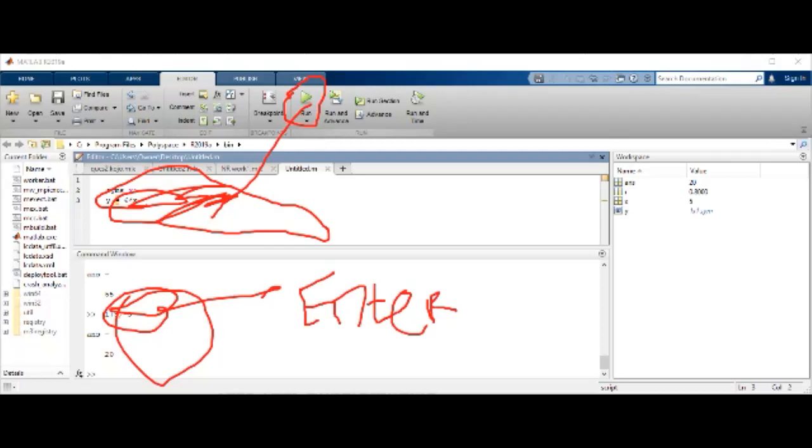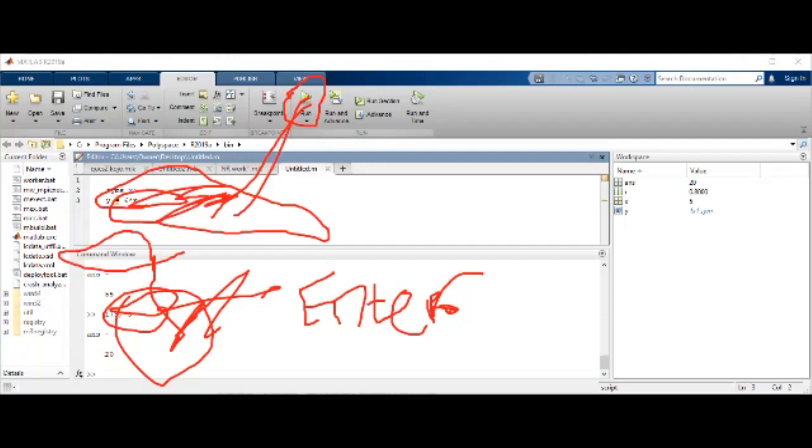Okay, so let me take it this way. So you can see, we use the enter sign to run at the command window. So this is the command window. At the command window, if you want it to run, you use the enter part. And at the editor window, you use the run.